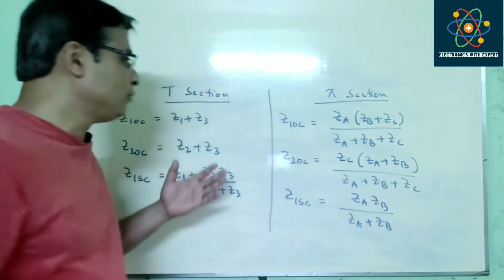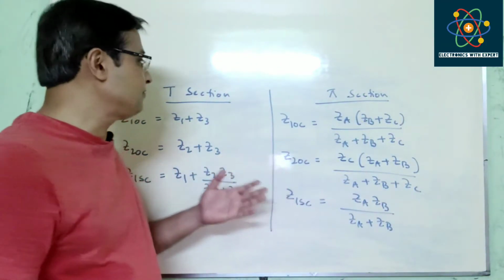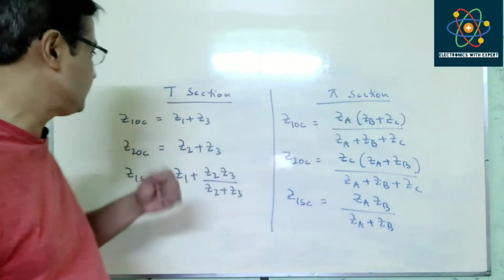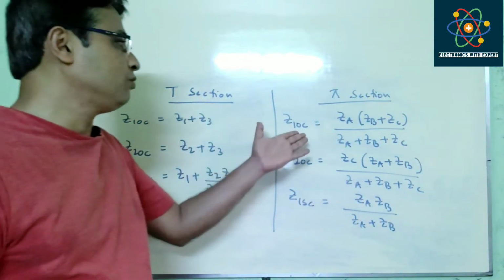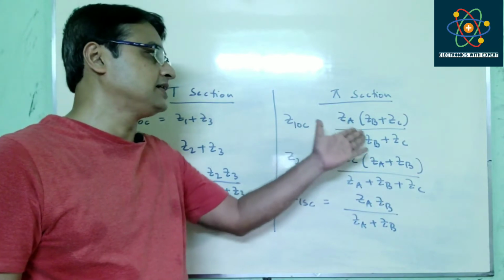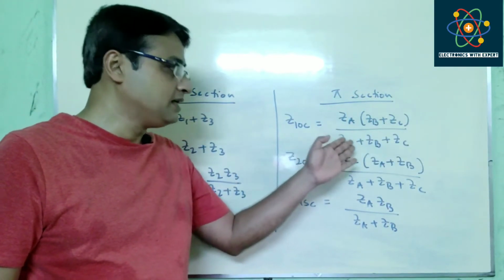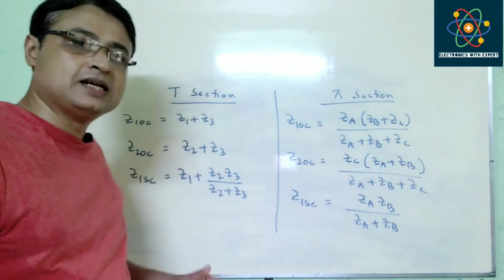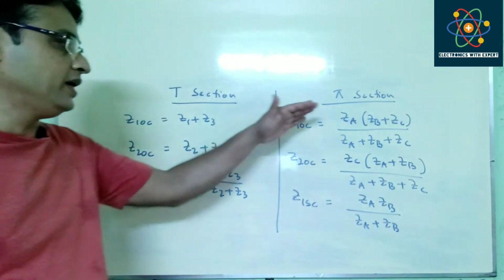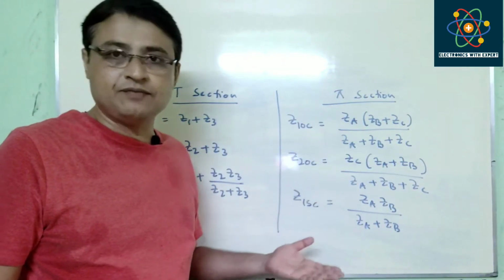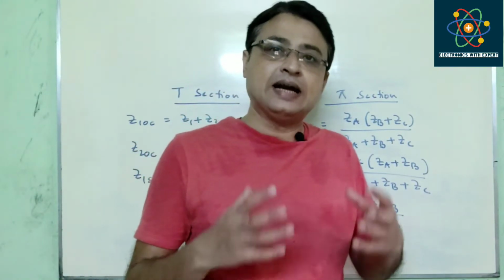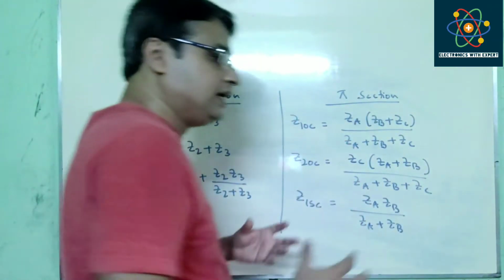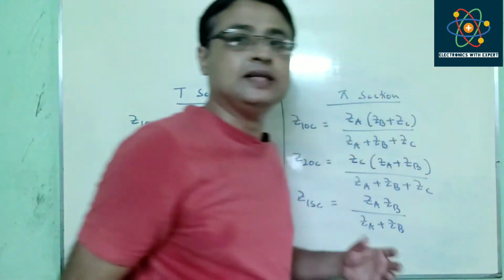Now these are the equations we have earlier derived for the T section and the pi section. Z1OC equals Z1 plus Z3, while for the pi section it is ZA into ZB plus ZC divided by ZA plus ZC. So I have written all three equations which I have derived earlier. Now these two circuits are equivalent, that means we can put an equal sign between these two.